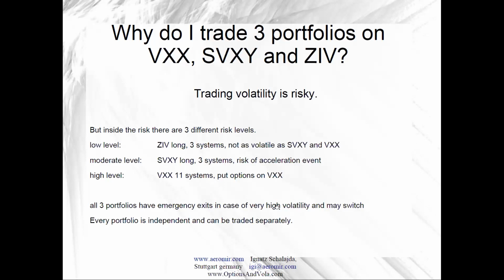And some systems may also switch to the other side. So if I am buying put options and there's a huge eruption in volatility, I may buy call options and go long VXX.